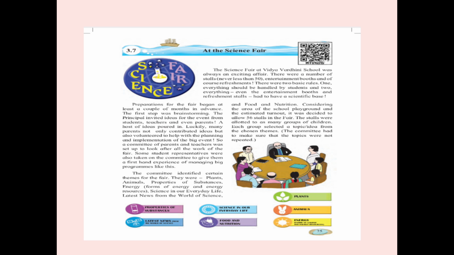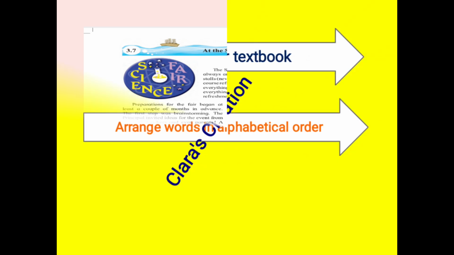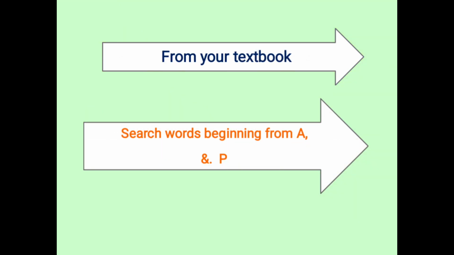Still further, I'll go on reading, animals, and so on and so forth. So I found 3 words with alphabet A. See how many you can find, and at the same time, search for words with alphabet P. So what are you doing? You're trying to build up your word power, your word bank.